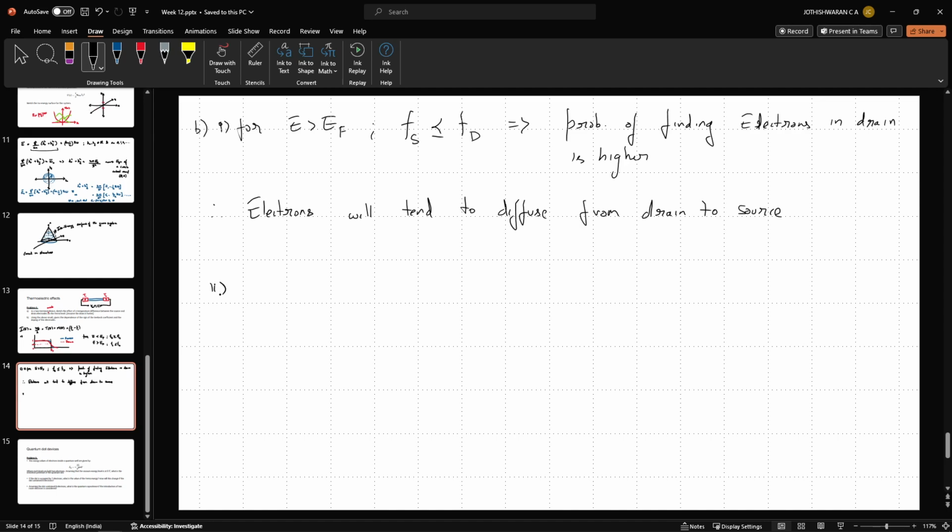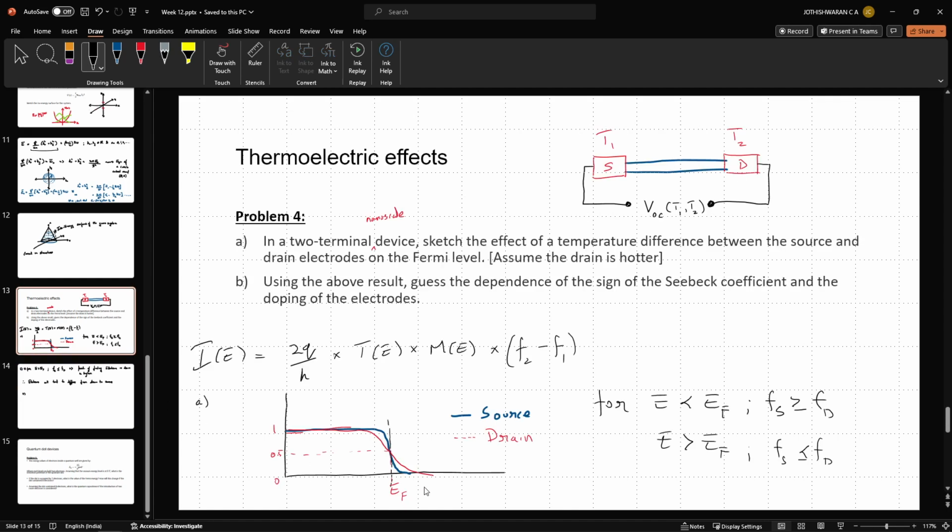Second case, if we are talking about a material that is hole rich, then at higher temperatures there are fewer electrons above the Fermi level in the source, which implies there are more holes, more vacancies.